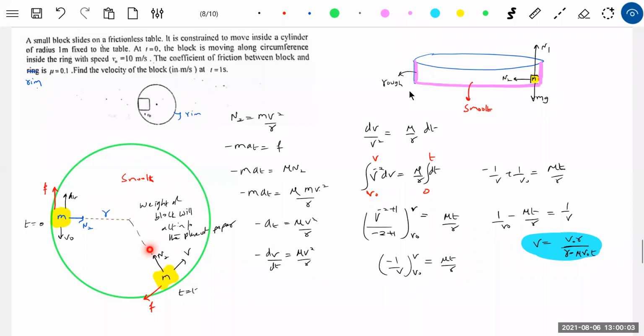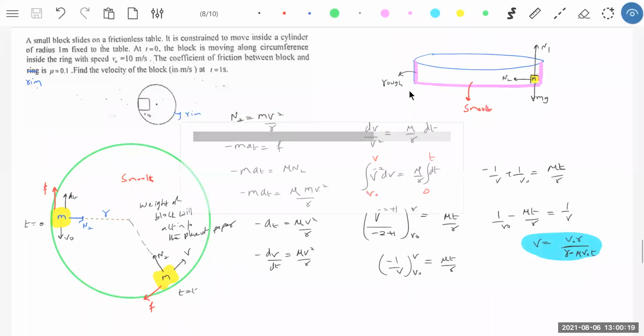Then again you can start thinking N, mg here, then component of mg will come into picture. It will slide down.